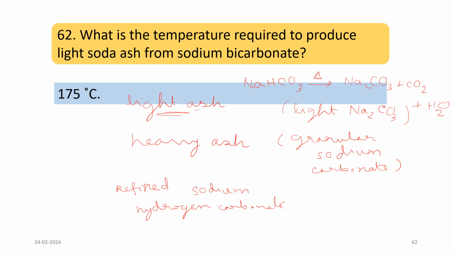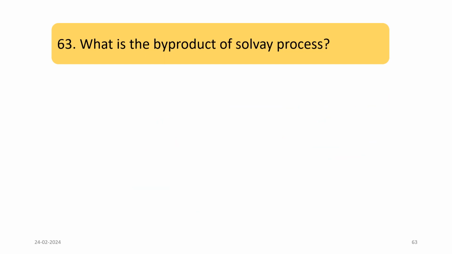Na2CO3, CO2, and what? H2O. You can just do the stoichiometric balance and you will get the exact equal number of moles here. So it is not hydrogen, it is water. So what is the byproduct of the Solvay process?